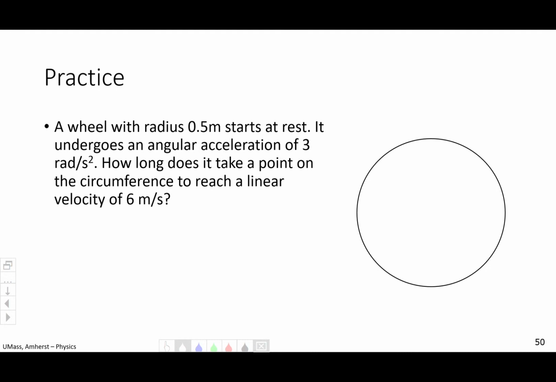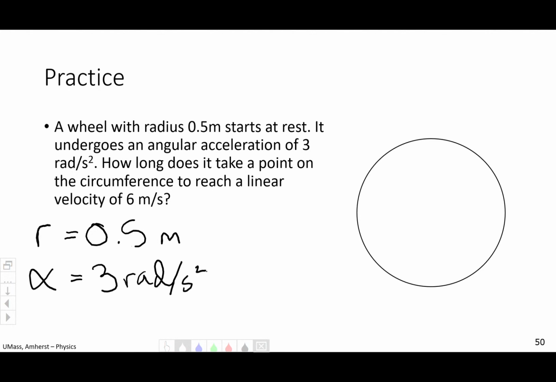Okay, I'm going to assume that you have solved the problem, and we're going to look at what the solution is. So let's list what we know. The radius is 0.5 meters, and the angular acceleration alpha is 3 radians per second squared.